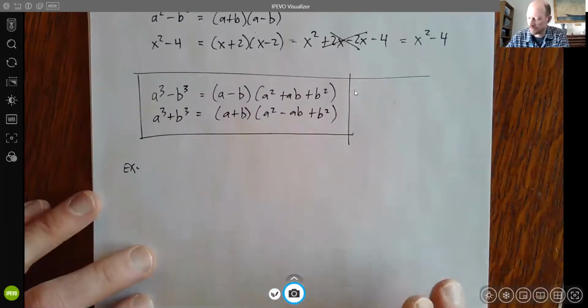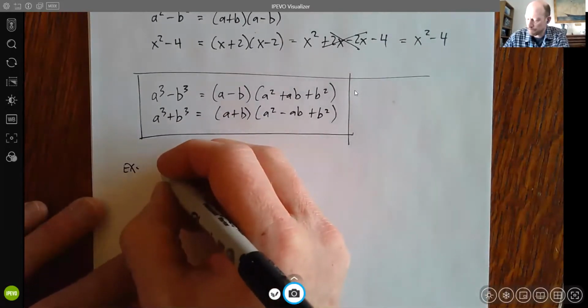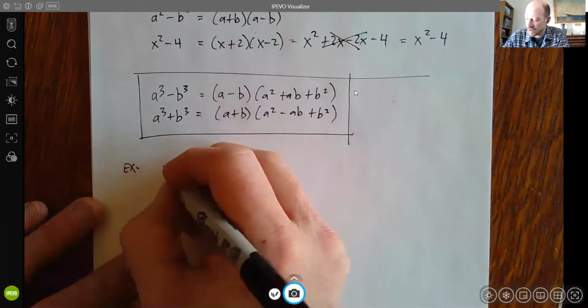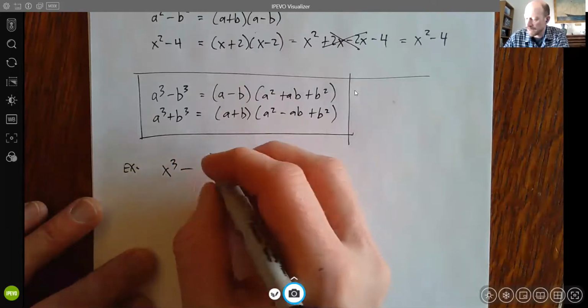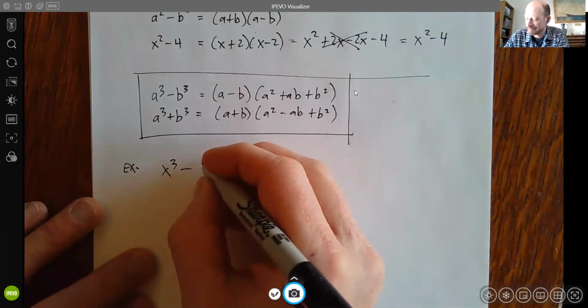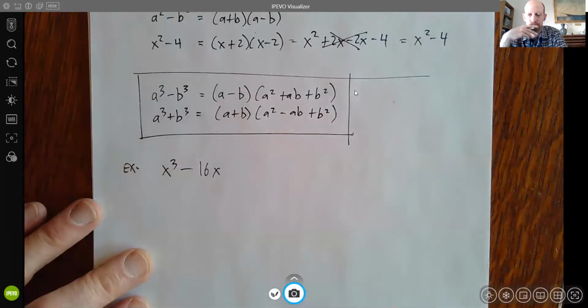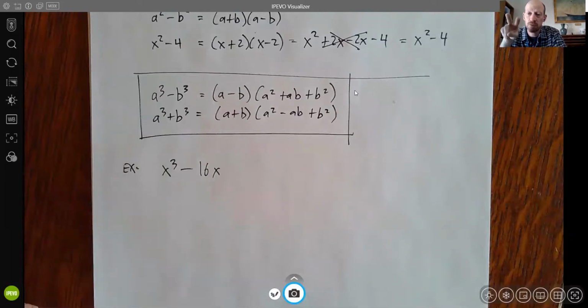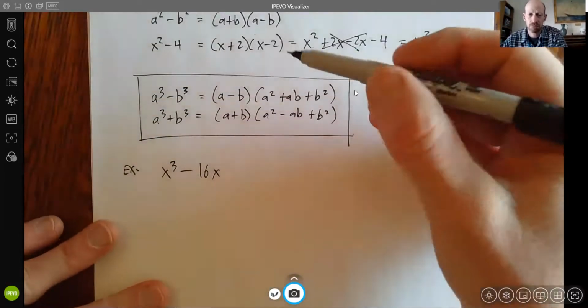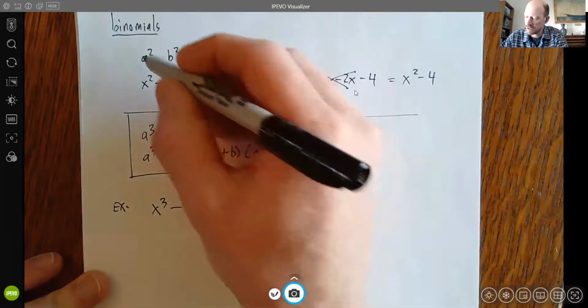So let's see some examples of these. Let's try x cubed minus 16x. I'm pausing so that you take a look or think about how to factor that. You should notice that there's 2 terms, so you should be thinking one of these 3 strategies.